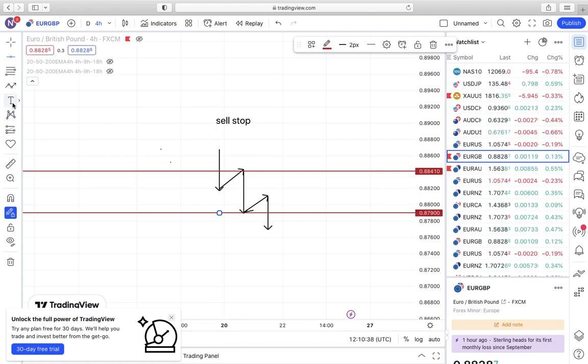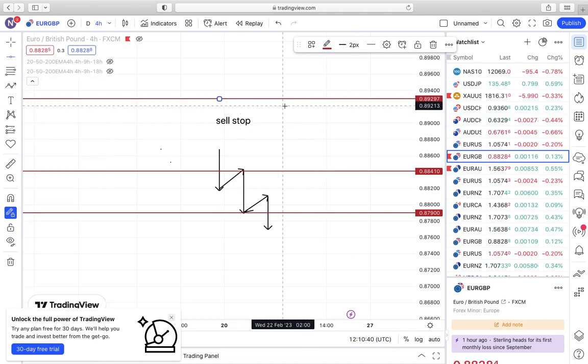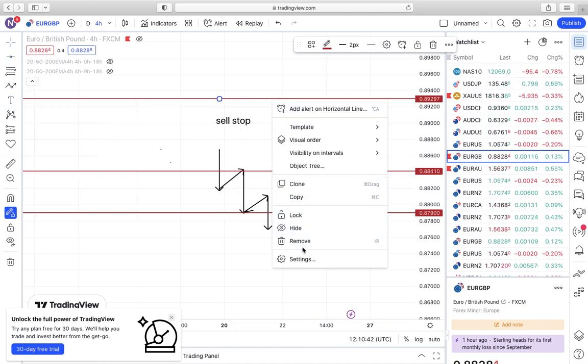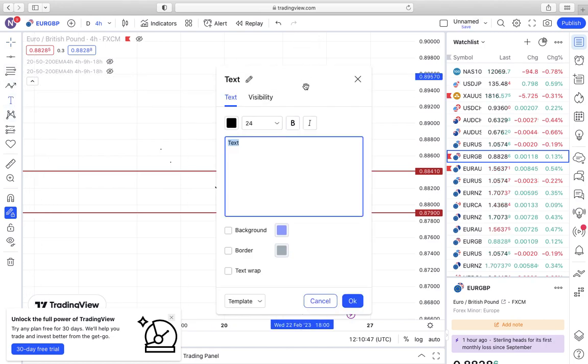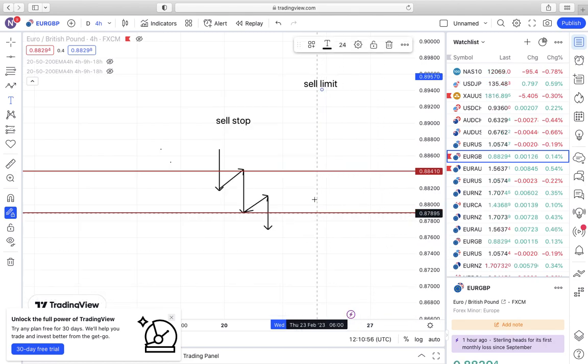Now, another thing we want to talk about is the sell limit. Let us just quickly talk about it. What is a sell limit? A sell limit is where the price is above the current price.